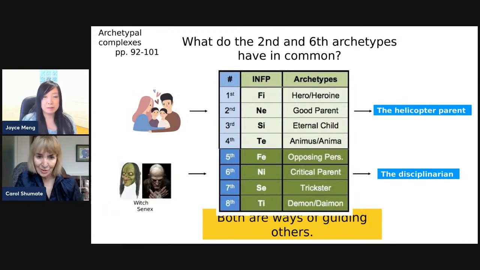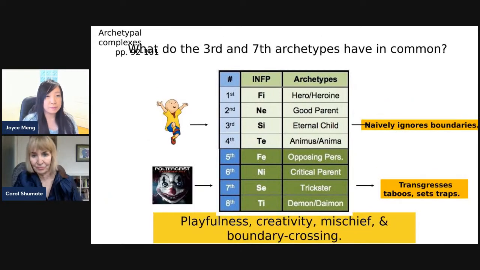Whereas I'll use these really horrible images for the witch/senex, the sixth archetype, because this is perhaps our most aggressive, probably our ugliest archetype in some way. But it's often a disciplinarian, and so we can see how these complexes or these archetypal defenses are necessary.